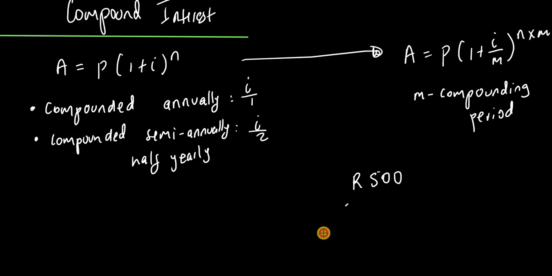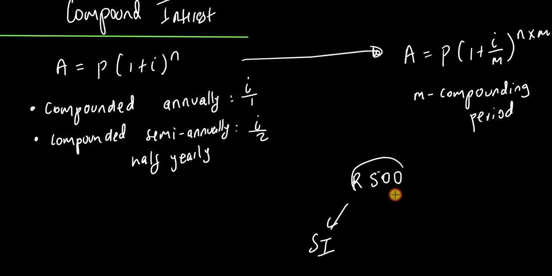If you are choosing simple interest, your money is going to grow at the end of the year. So if maybe you are getting an interest of 20 rands, you're going to get that 20 rands at the end of the year. Then in the second year, you are still going to get 20 rands. In the third year, you are still going to get 20 rands. You understand?